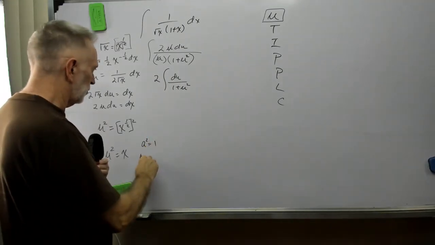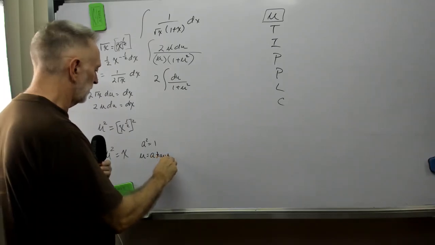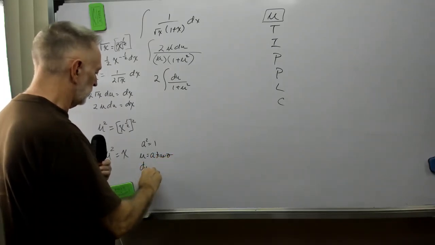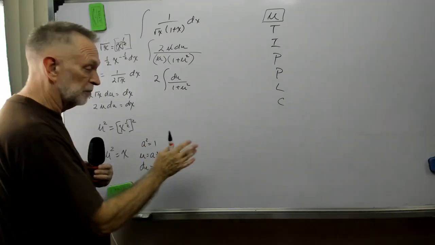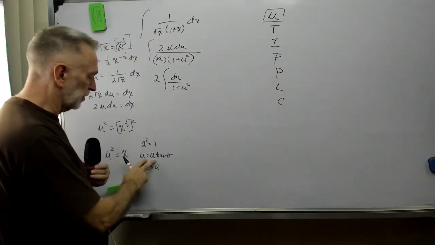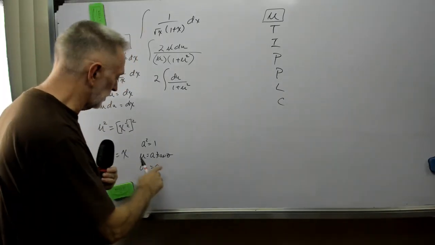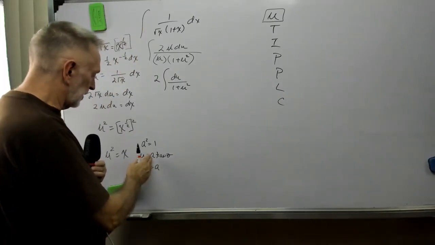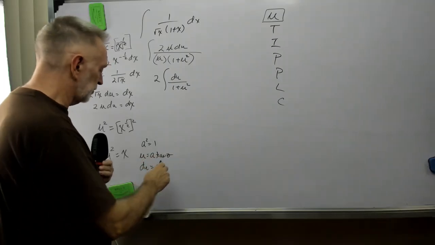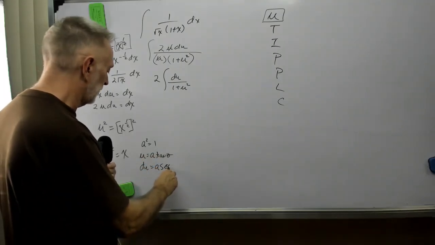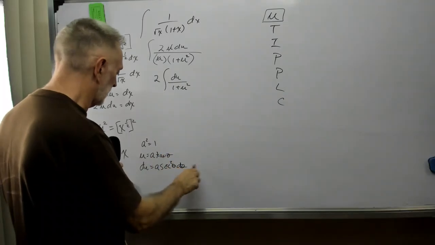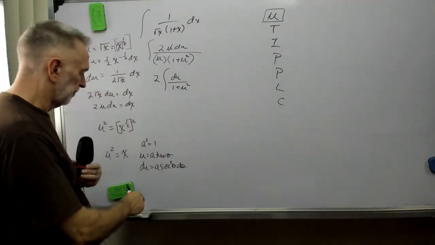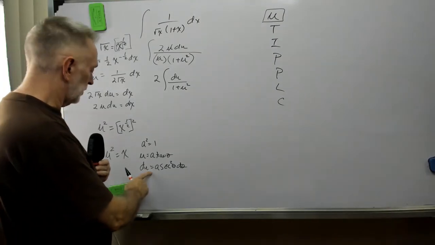Well, then let u equal a tangent theta. du then is the derivative of tangent. Well, it's a constant multiple rule here when you look at derivatives, again, from your Calculus 1. So bring the a over, and then the derivative of tangent is secant squared theta. Now the derivative of theta would be d theta. Again, chain rule.